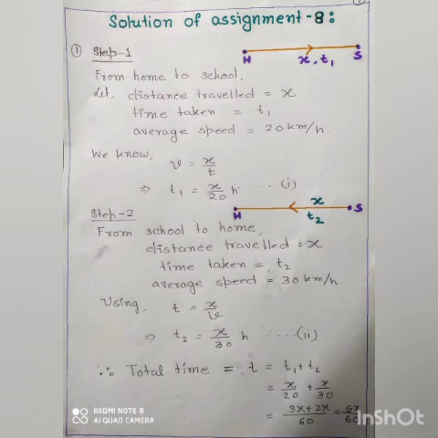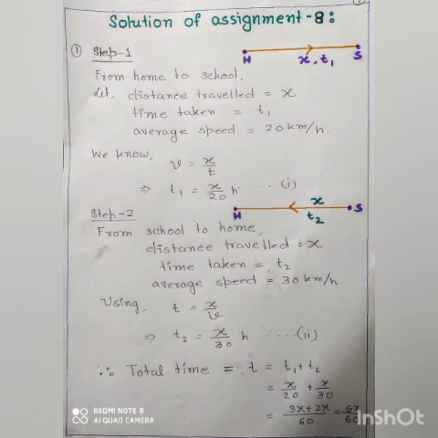Now, if we consider the whole trip, from home to school, then back from school to home, total time t will be t1 plus t2. Just substitute the values, that is t1 equals x by 20 and t2 equals x by 30. So total time will be 5x by 60.